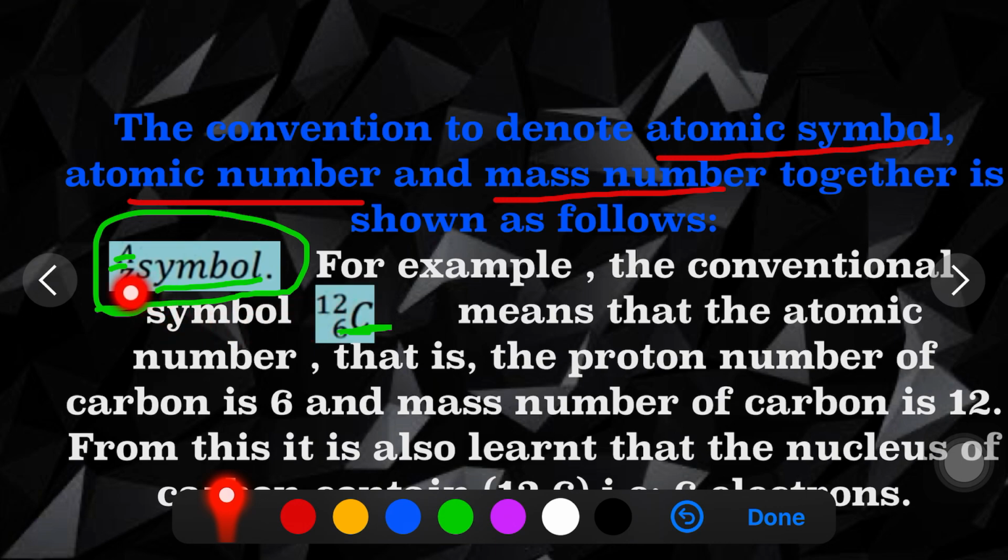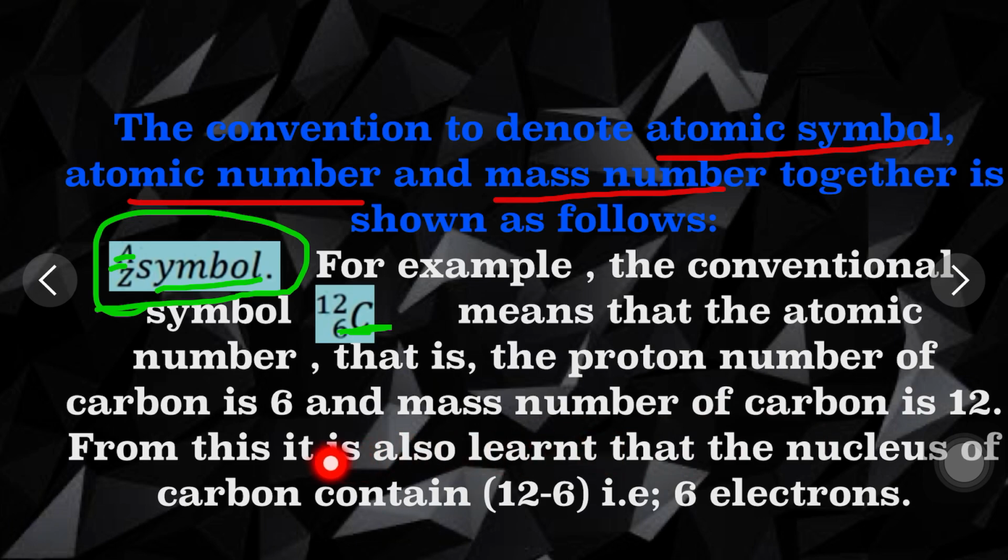And down you can see a capital Z. So capital Z is the atomic number. So 6 is the atomic number of carbon. That means the atomic number, that is the proton number of carbon, is 6, and the mass number of carbon is 12. From this it is also learned that the nucleus of carbon contains 6 protons and 6 neutrons.